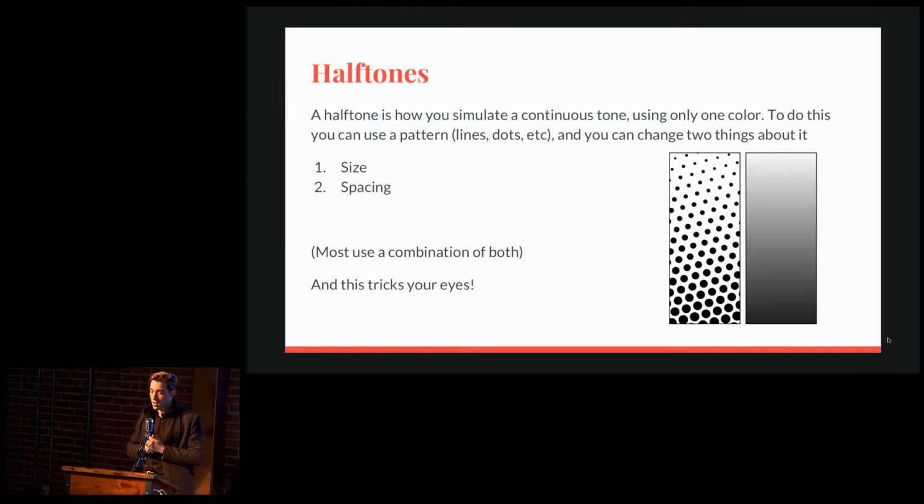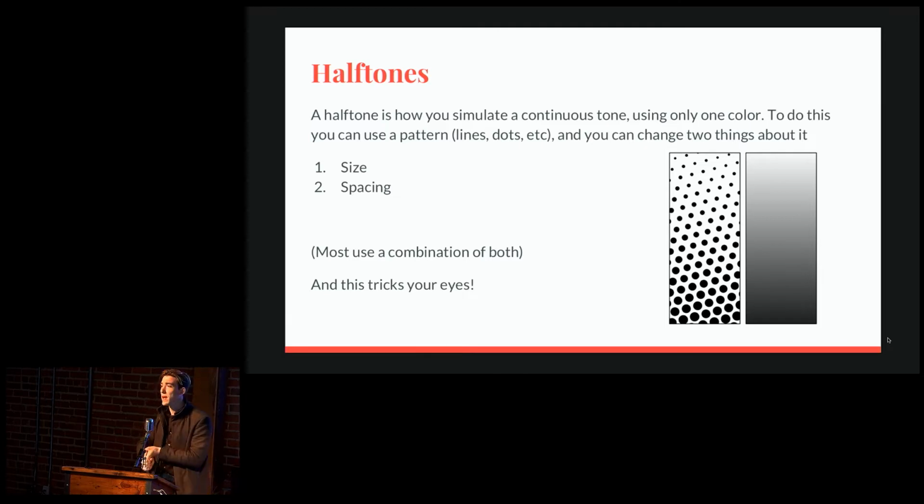And there are effectively two things you can control to determine how light or dark it is. That is the size of your pattern. You can tell with these dots that they're getting bigger. They're actually on the same grid lines, but you're changing the radius of them based off of how dark it is.